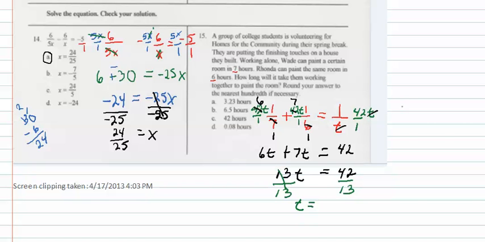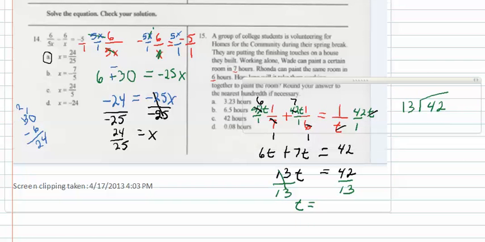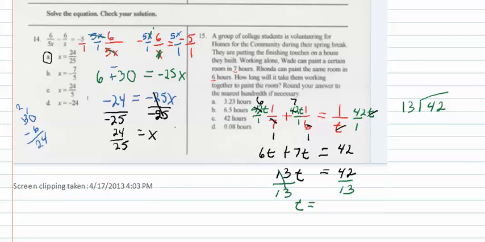On the side, 13 will go into 42 how many times? It would be 3 times, because 13 times 3, 3 times 3 is 9, 3 times 1 is 30, so it's 39.